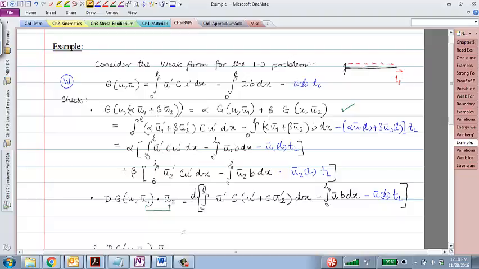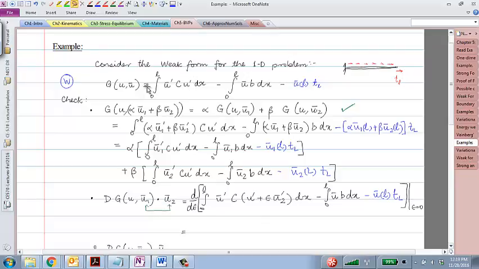Take the derivative with respect to epsilon. After taking the derivative, set epsilon equal to 0. This is the definition of the directional derivative of g with respect to u2 bar. Anywhere that real displacement occurs, replace that with u plus epsilon u2 bar. That's what this means. And the only place that it occurs is right here.